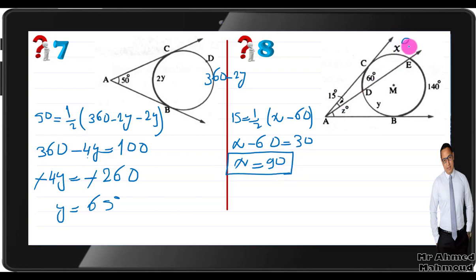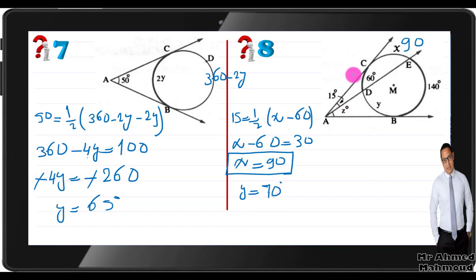This is 90. Now I can find y. The circle equals 360. So y equals 360 minus 140 plus 90 plus 60, which equals 70 degrees.